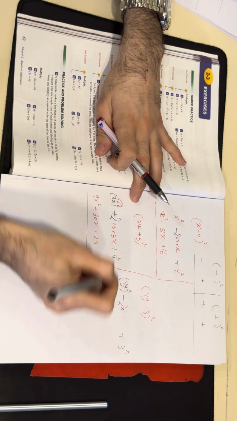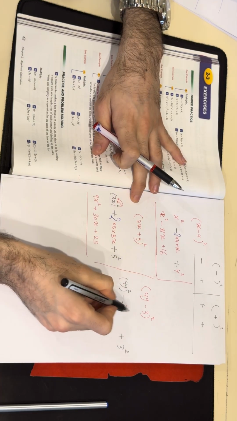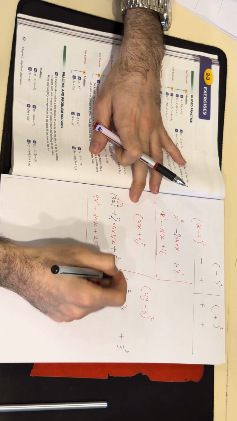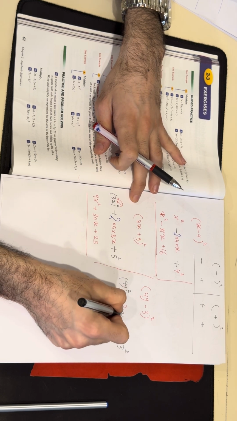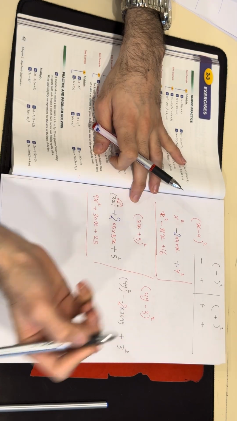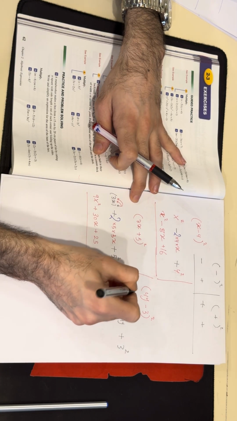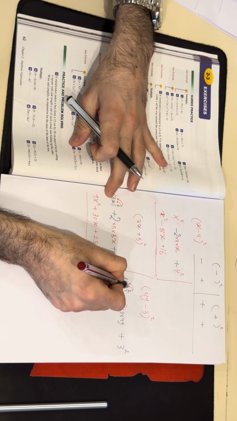I'm going to write them, but in what? In multiplication this time, without the sign. This one is negative. Do not say because it's negative I'm going to write -3. No need. You're going to write only 3. Then times 4y. Now just multiply. We already said this power 2 belongs to 4y.